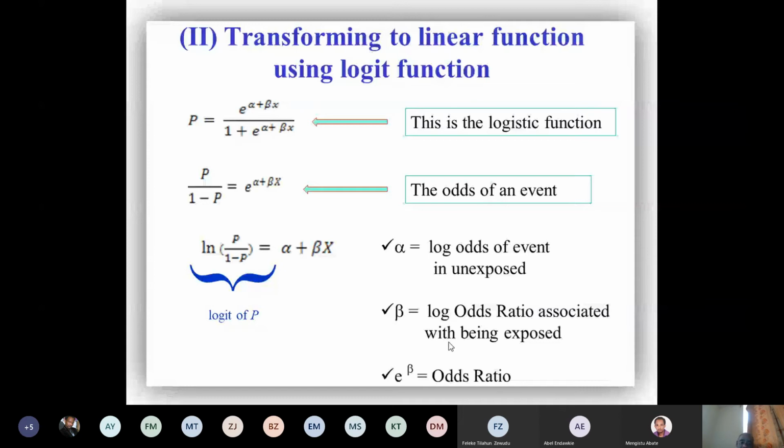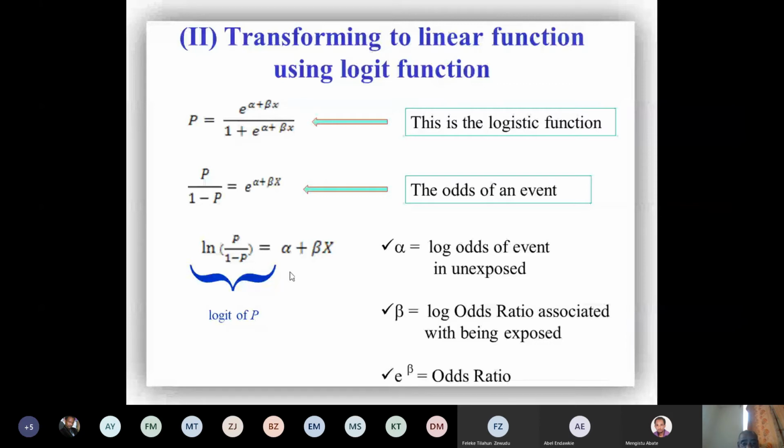Now, for the unexposed, when x is 0, we have logit of P is equal to alpha. And for the exposed, let's say P2, the logit is alpha plus beta.